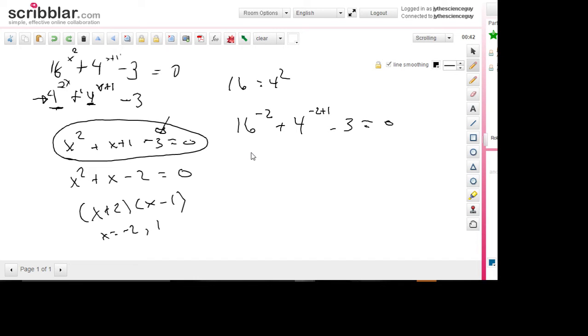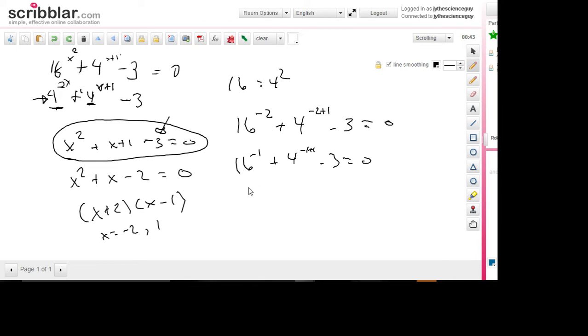I don't think so. Is it supposed to equal 0? It's supposed to equal 0. I don't think that's going to work. So let's try the other one. 16 to the negative 1 plus 4 to the negative 1 plus 1 minus 3 equals 0.